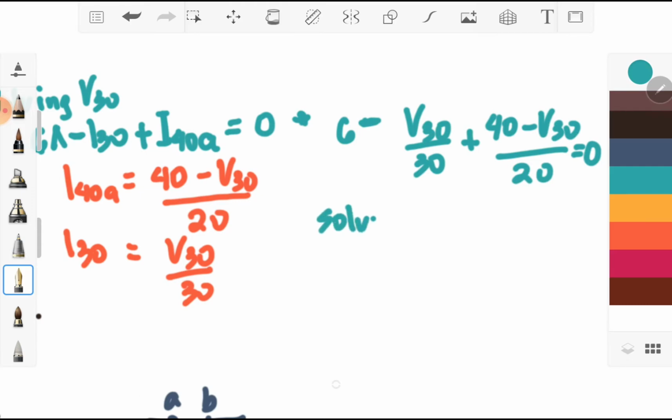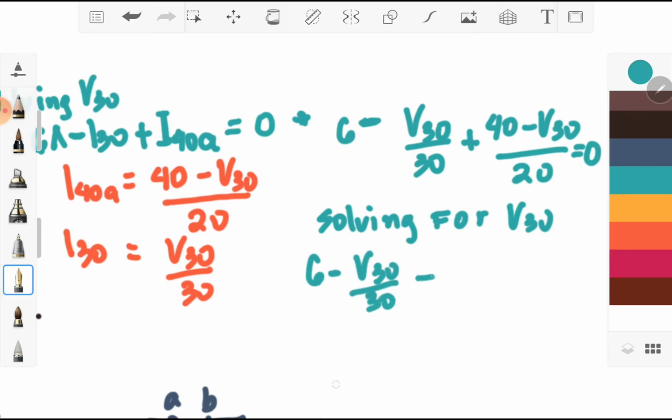Solving for V30, we'll have 6 minus V30 over 30 minus V30 over 20 plus 40 divided by 20, which is equal to 2, equals 0.